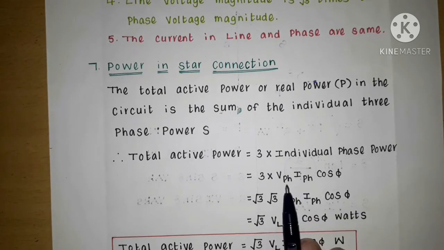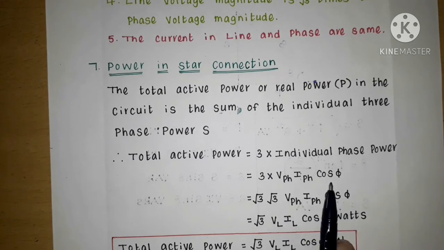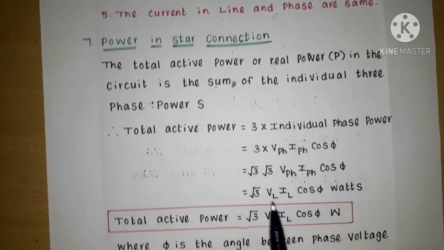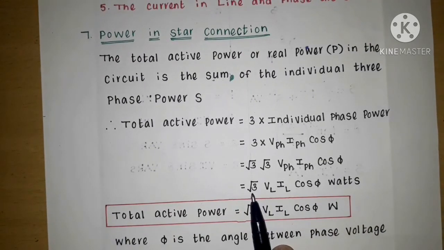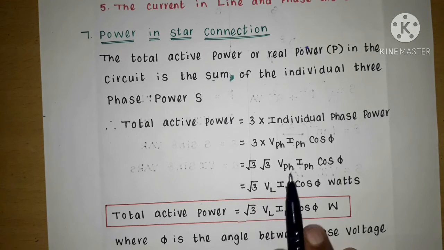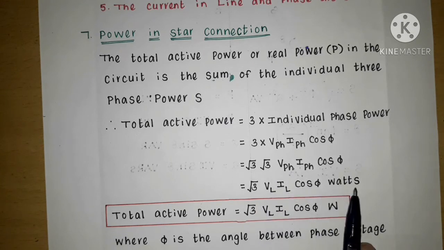So 3 times VPH IPH cos phi, where phi is the angle between phase voltage and phase current. 3 can be written as root 3 into root 3, so root 3 VPH is VL, and IPH equals IL.